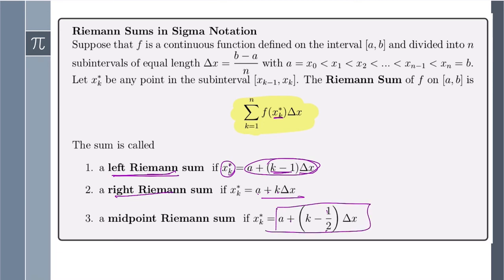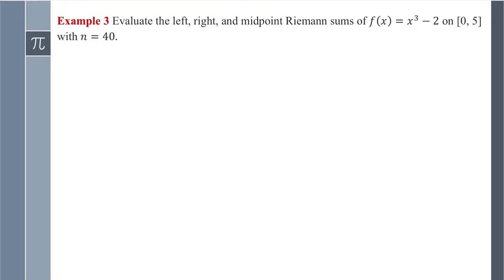So when we make this more general instead of using n equals 4 or 5, we can use a larger number of rectangles, and we can use a calculator to find this sum. Let's look at an example. We are going to find the left, right, and midpoint Riemann sum for this function on that interval with n equals 40.